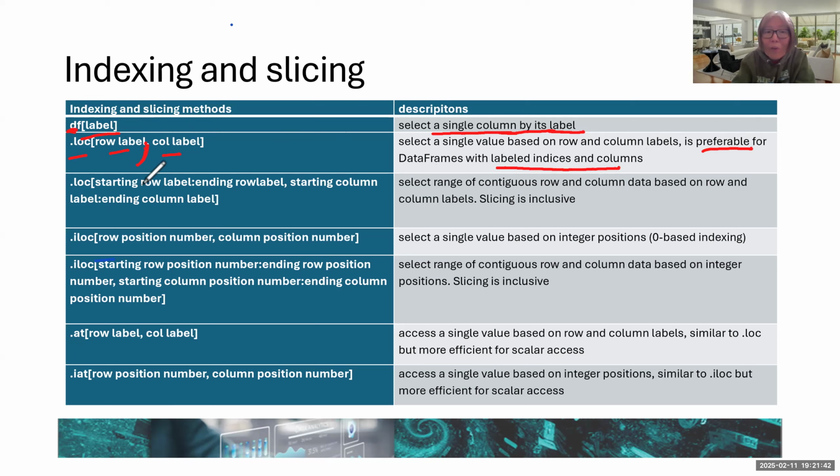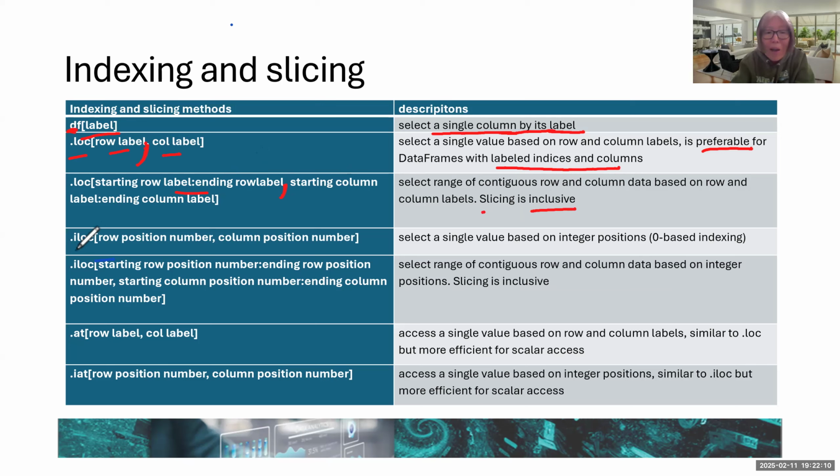And you can also do slicing, same thing, using comma separation. If you recall, previously when we discussed NumPy, we also explained that the comma is used to separate different dimensions.